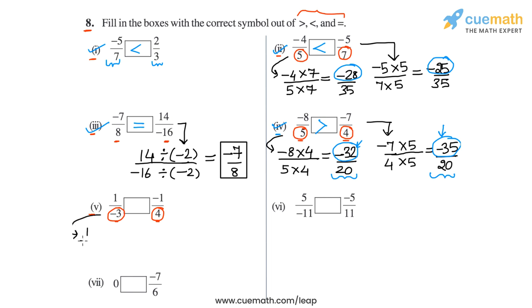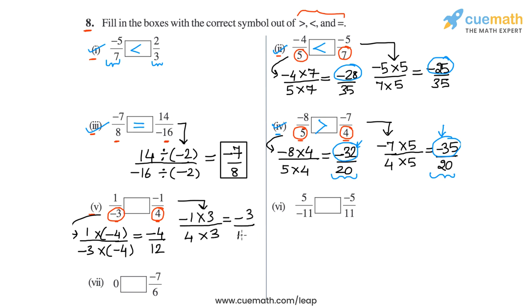So 1 by minus 3 will become 1 by minus 3 and we multiply above and below by minus 4 because we want plus 12 in the denominator. So this will become minus 4 by 12 and then minus 1 by 4 can be written as minus 1 by 4 and we multiply by 3 above and below. So this will become minus 3 by 12.